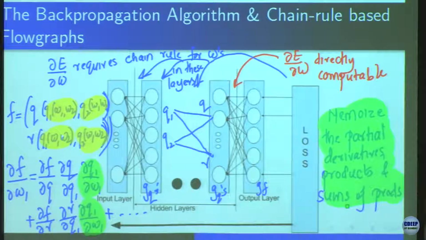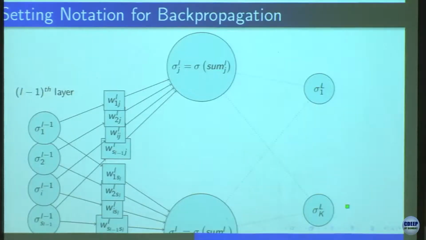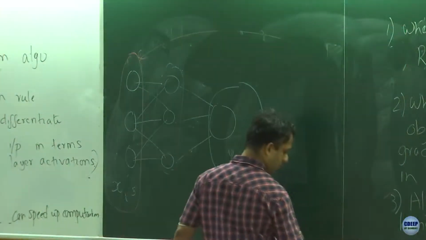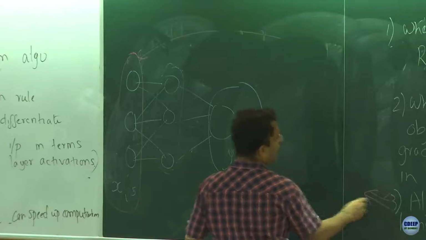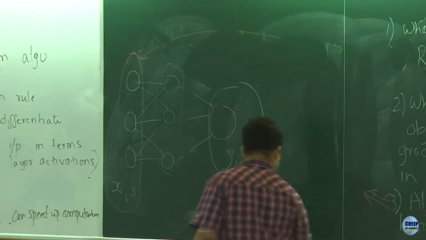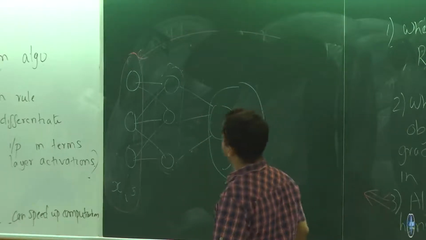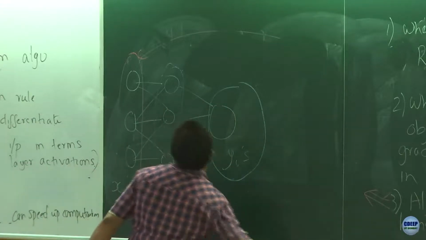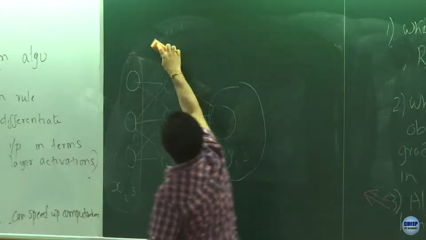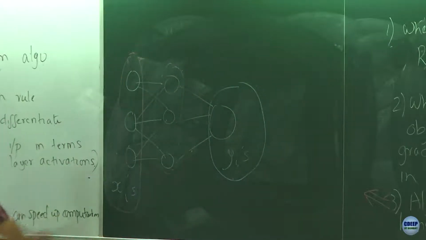Is this clear? Okay, so here's the notation for backpropagation. Now we are talking about this point 3. And the notation is as follows. For the time being, we are only dealing with hidden layers and output layers.